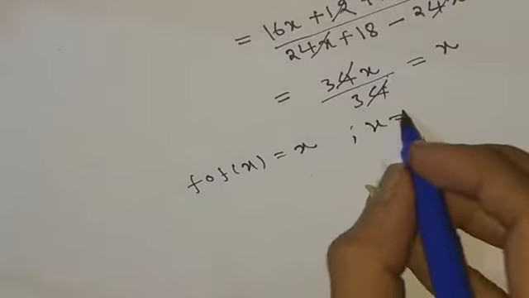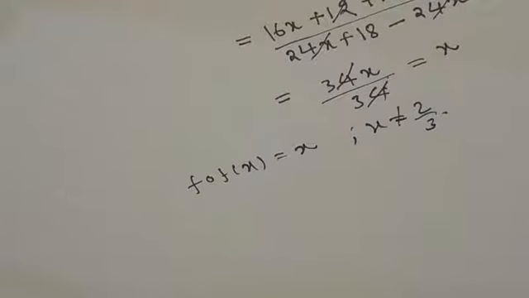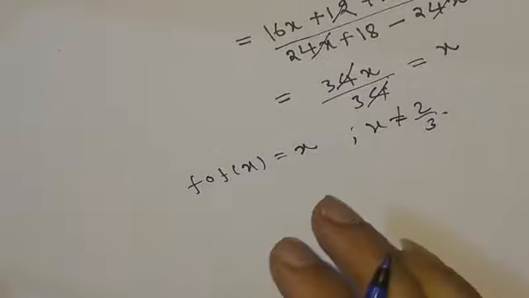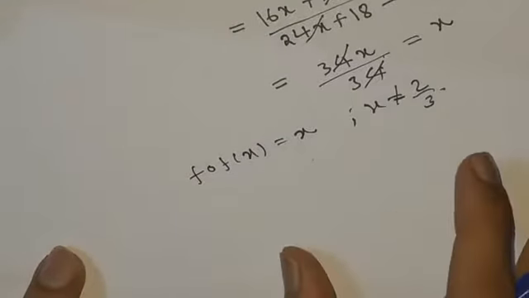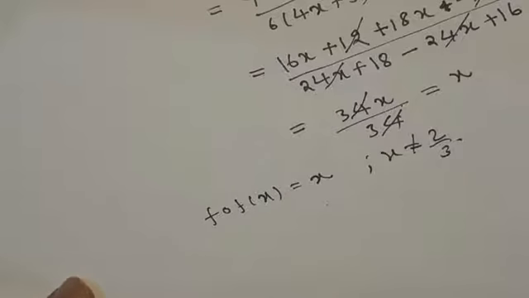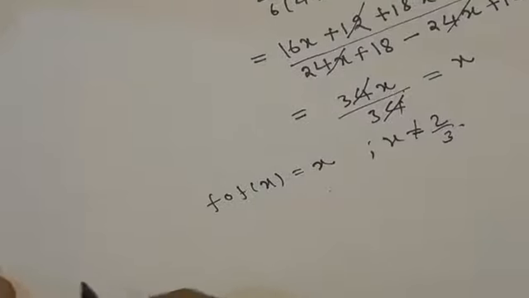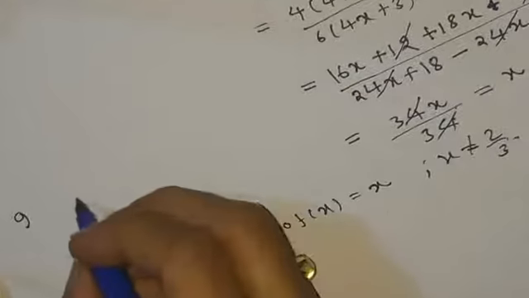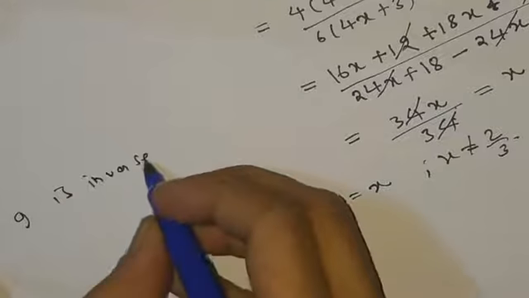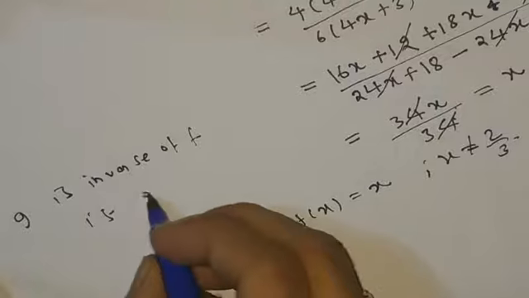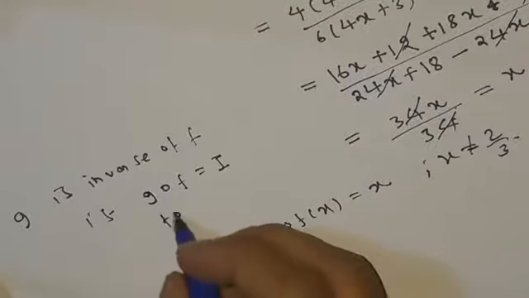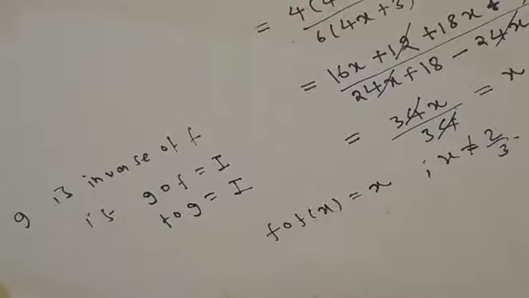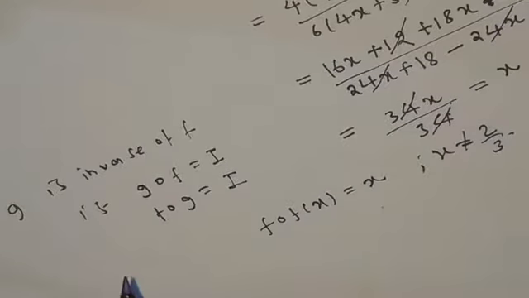So where x is not equal to 2 by 3. Okay. So we have got the first part. Now what is the inverse of f that we have to know? See, now we have studied by the definition of inverse of a function that g is inverse of f if g composition f is equal to I and f composition g is also equal to the function I. Okay.